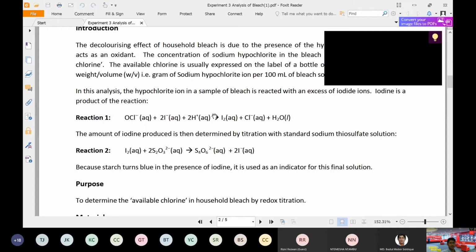In this case, iodine is liberated, because potassium iodide was added. From there iodine has been produced, and from hypochlorite ion, chloride ion was produced as well.